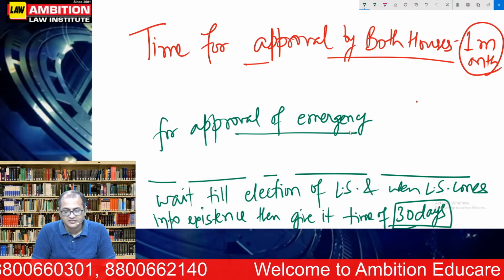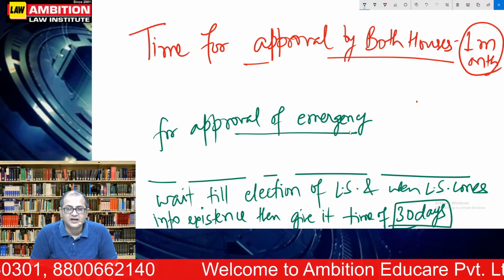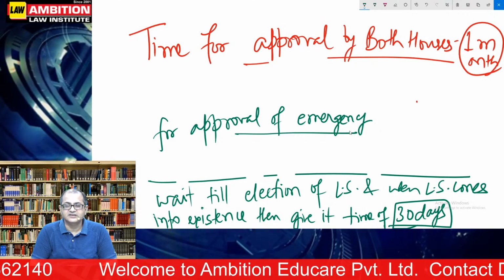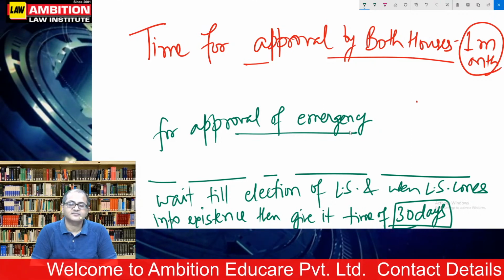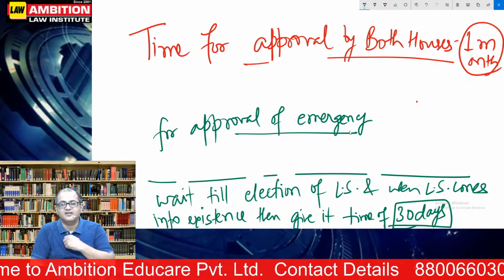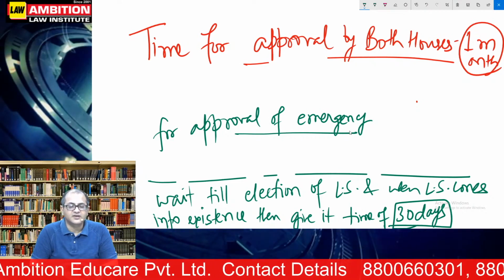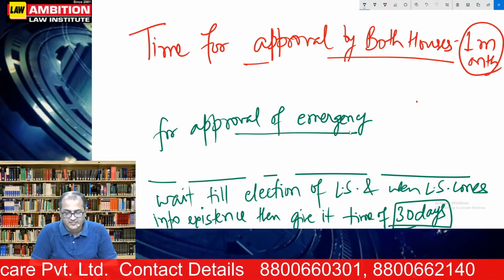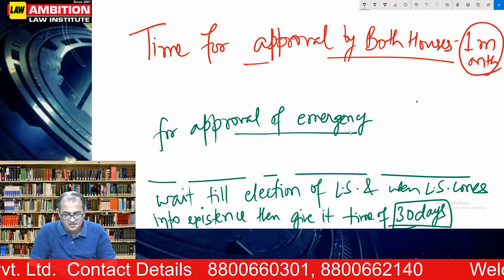Is this clear? You will count 30 days from the date of its first sitting. You will not count now 30 days from the day of election or something like that. No, it has to be this way. Is this clear? 30 days.